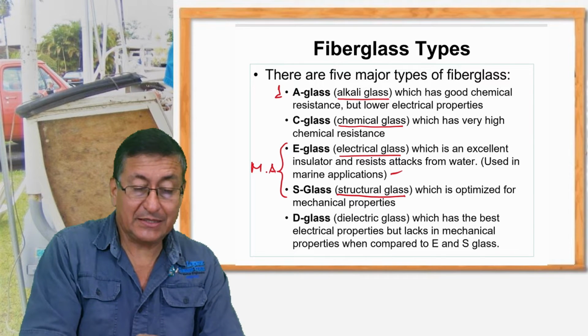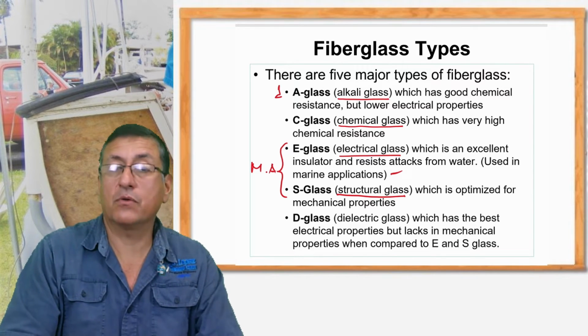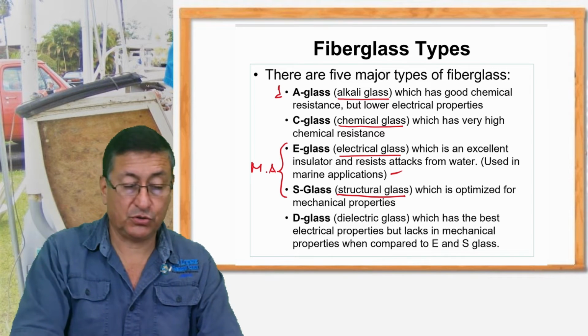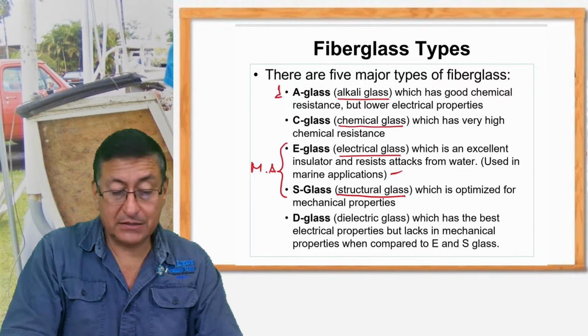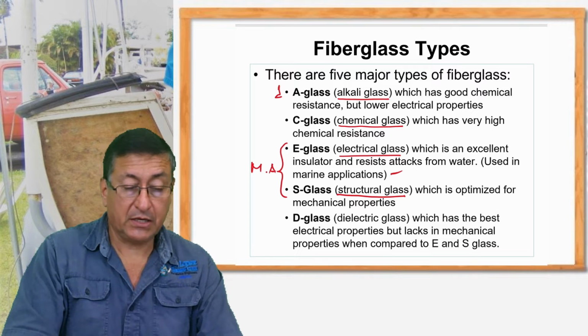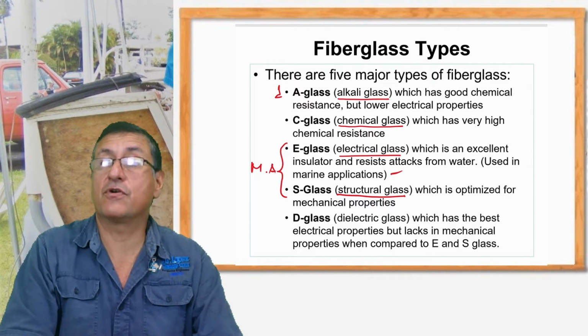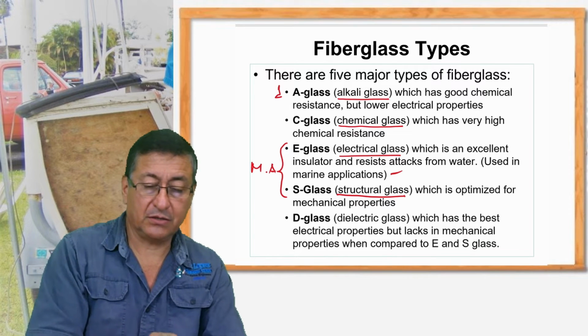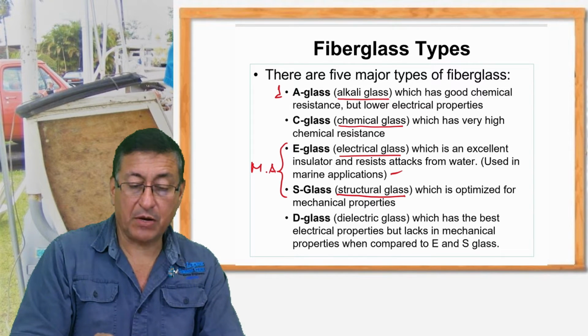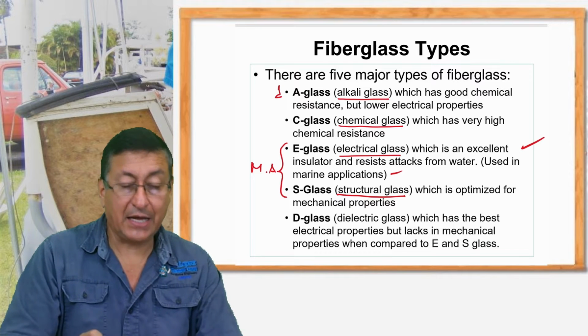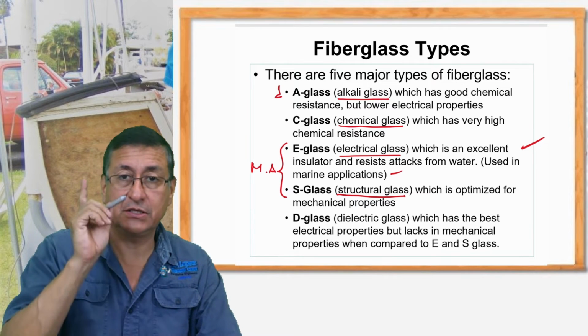C-glass is the chemical glass, with great resistance to chemical products. E-glass is excellent for electrical purposes because it's an electrical insulator and resists attack from water.